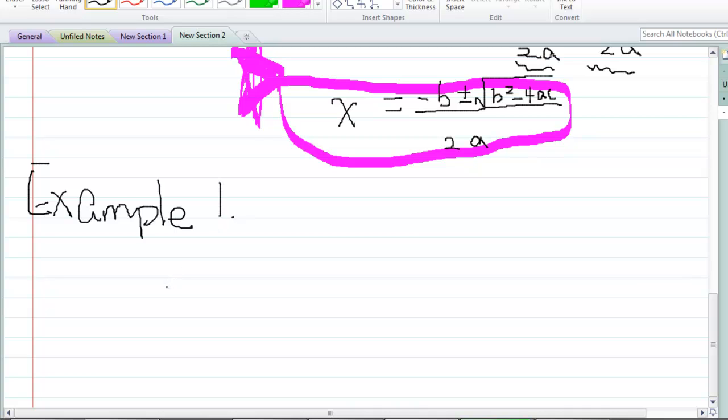Now we have the equation 2x plus 3 over 2 equals x squared. This is not exactly in the standard form of a quadratic equation, so we can change it.